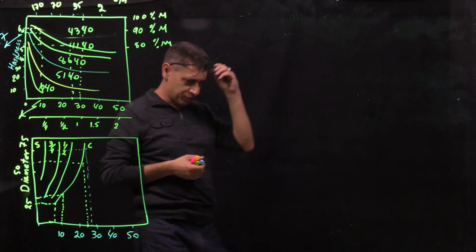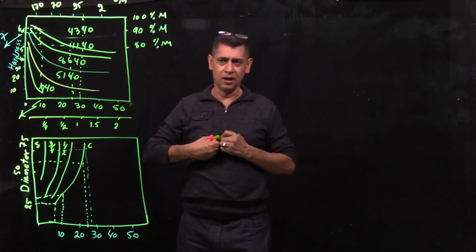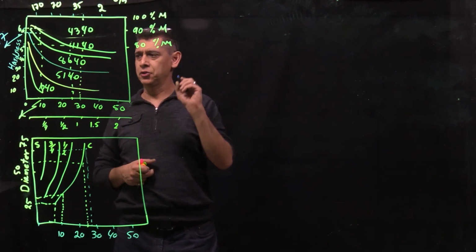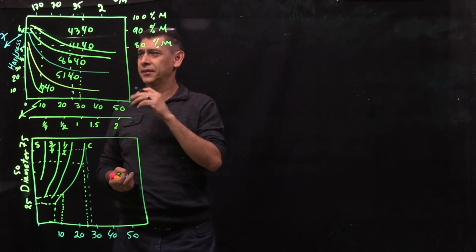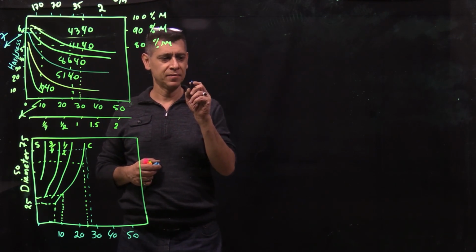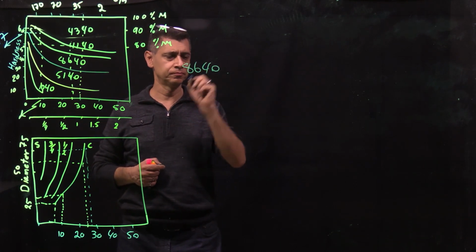So now sometimes the question gives you a set of design criteria, and you realize that, for example, I better use, in this case, 8640.